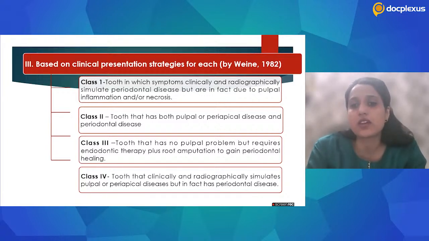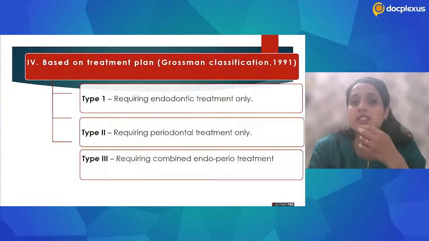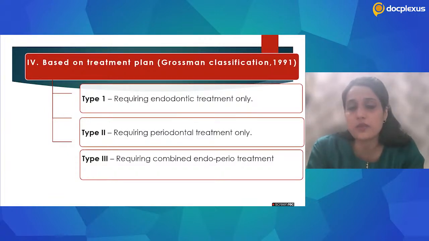In this class we see a furcation involvement, a furcation radiolucency that is leading to root resorption of one root, but there is no cavity or old filling seen. So that is class 3. Class 4, tooth that clinically and radiographically simulates pulpal or periapical disease, but in fact has periodontal disease. These are very interesting classes. Sometimes these lesions and classifications are confusing when we are diagnosing, but they also help us to diagnose and manage the case treatment-wise.